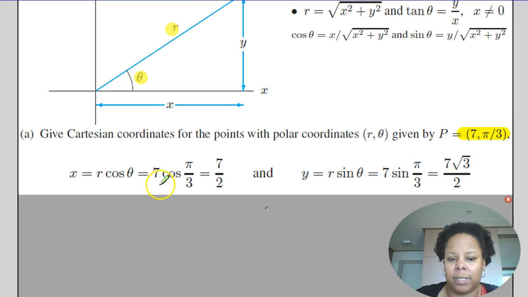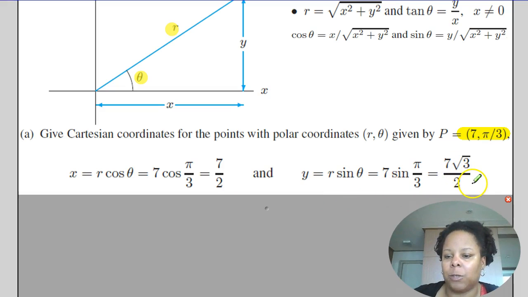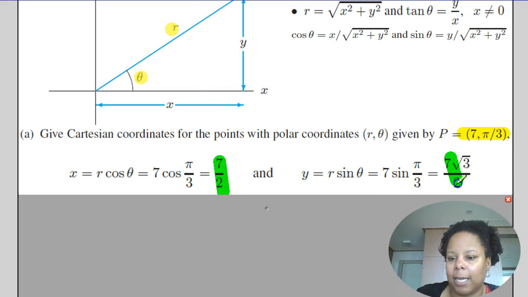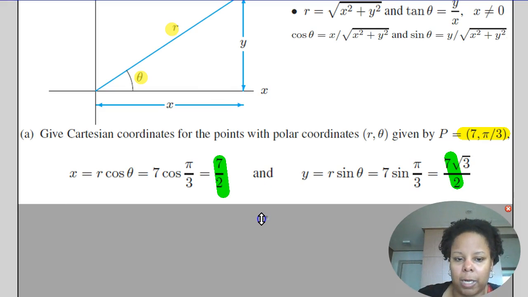So the x value is 7 times cosine of pi over 3, which ends up being 7 times 1/2, 7 halves. And the y value is r sine theta, and we get y is equal to 7 square roots of 3 over 2. So we have our x and y coordinates as 7 halves and 7 square roots of 3 over 2 for the same point in polar coordinates.